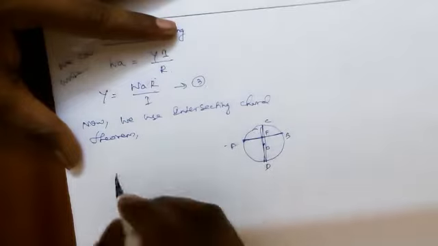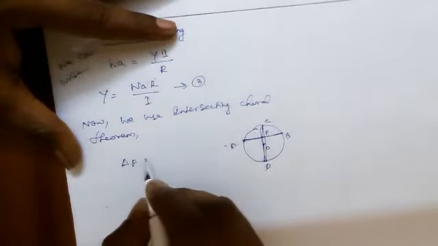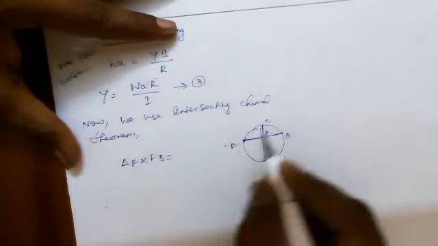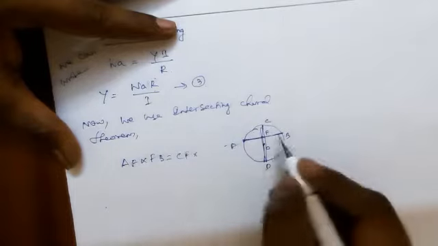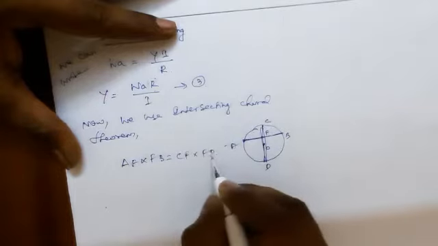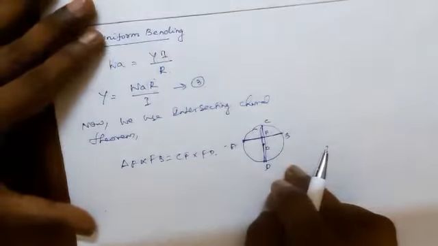That is, AF into FB equal to CF into FD. This is a special property of a circle.